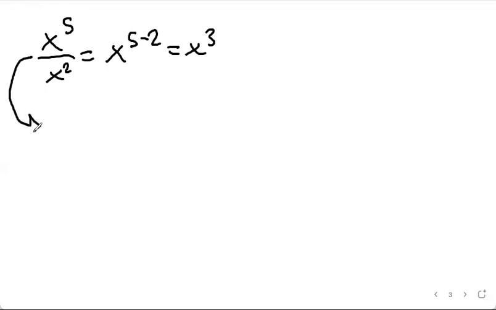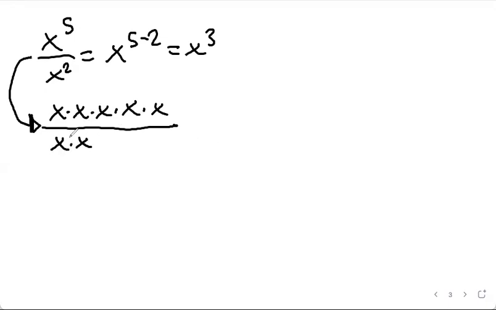So think about this. X to the fifth is really like x times x times x times x times x, right? X to the fifth is 5 x's being multiplied. That's literally what x to the fifth means. Okay, and x squared is x times x, right? 2 x's being multiplied. That's what x squared means.